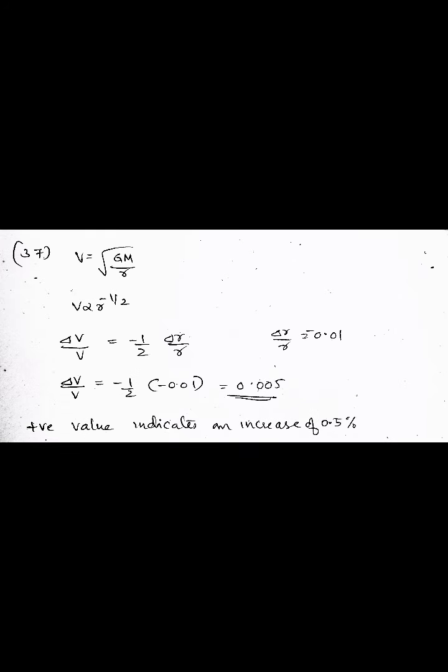That is delta v by v is equal to minus 1 by 2 delta r by r. Here it is given that delta r by r is equal to minus 0.01. That is delta v by v is equal to minus half into minus 0.01, and this is equal to 0.005. So the positive value indicates that there is an increase of 0.5 percent.